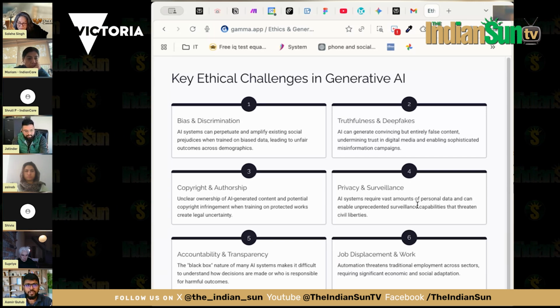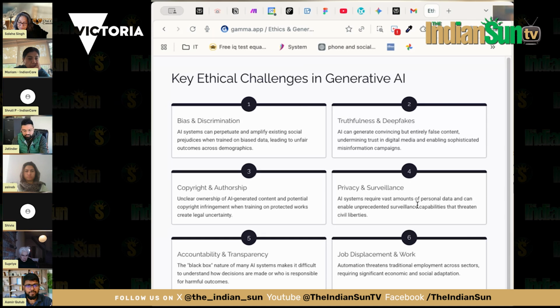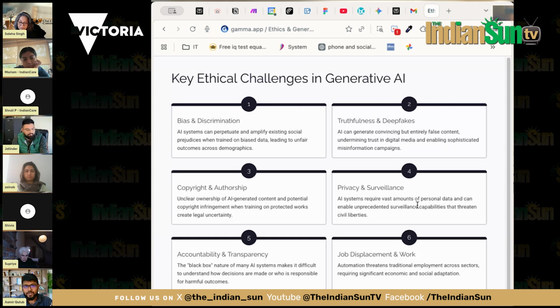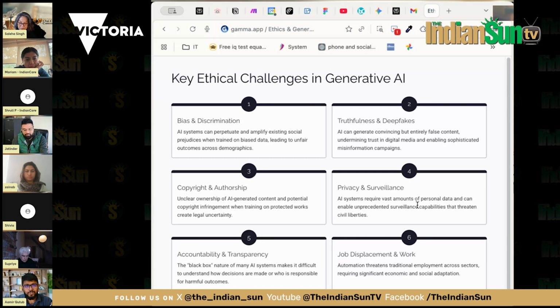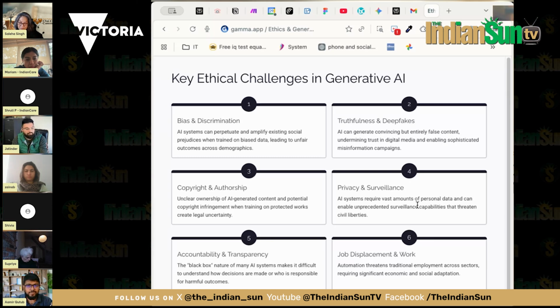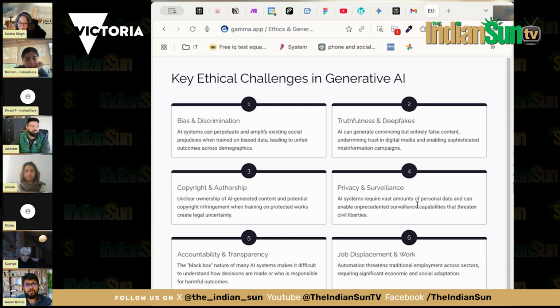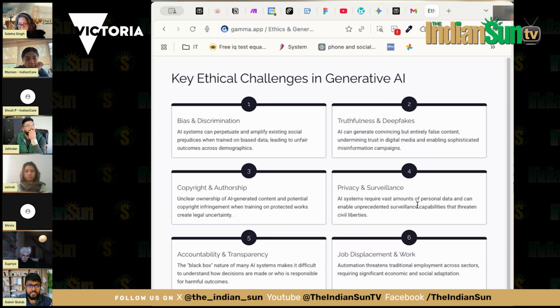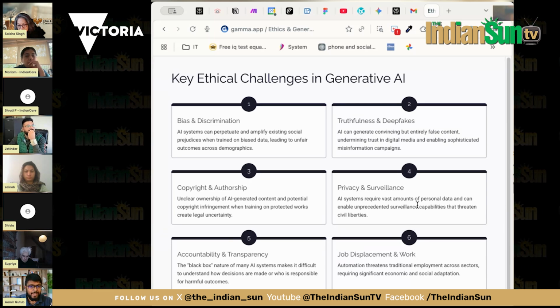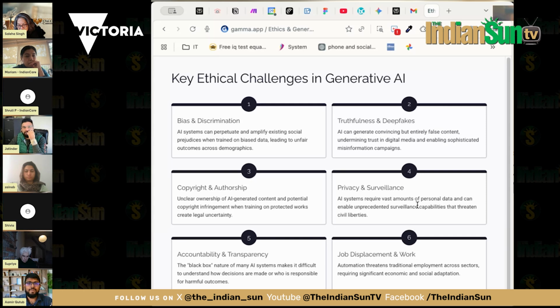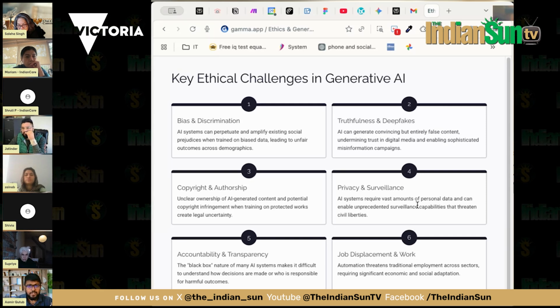But if you asked it to create an image of, say, a secretary or a receptionist, in most cases it would create a female secretary. You're not even prompting whether it's male or female, but because it has that inbuilt bias, it's actually amplifying that bias.